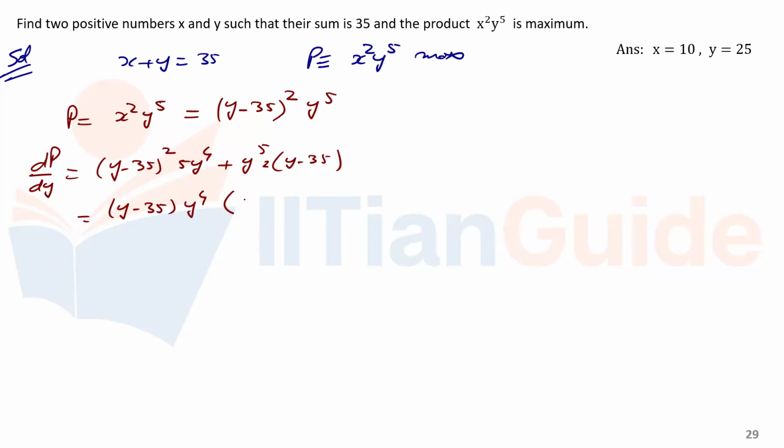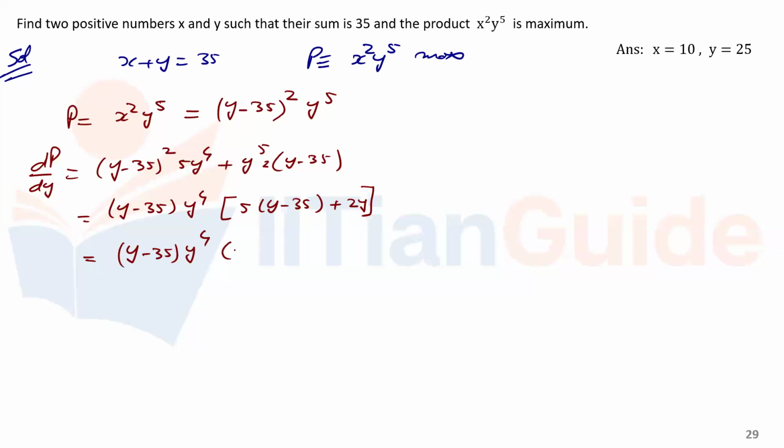So I am left with 5 times (y minus 35) as one term, after that plus 2y. So basically, I have got (y minus 35) multiplied by y power 4.